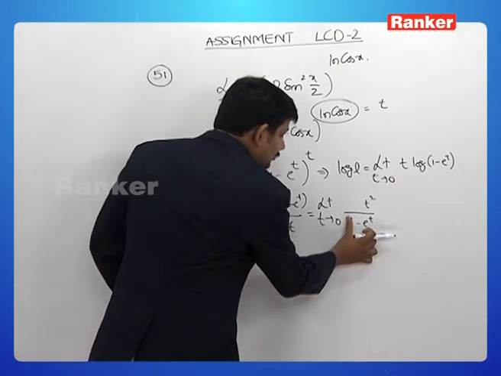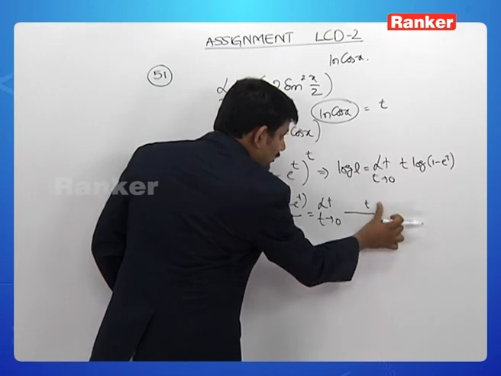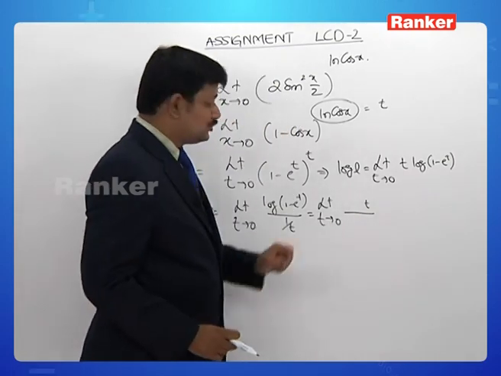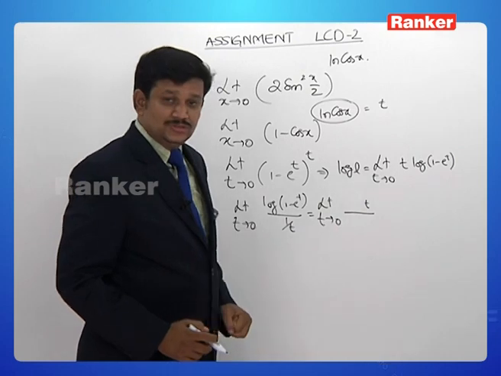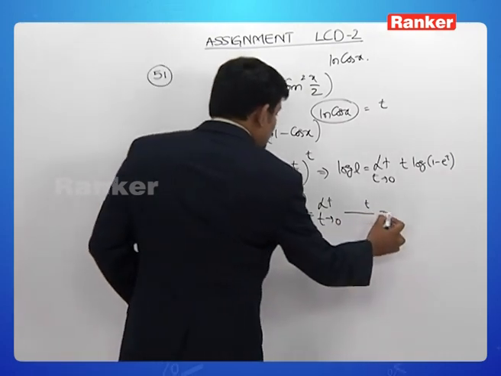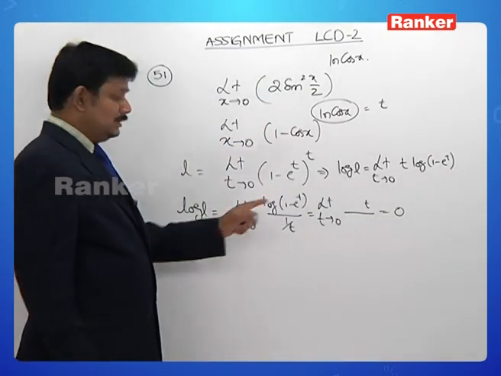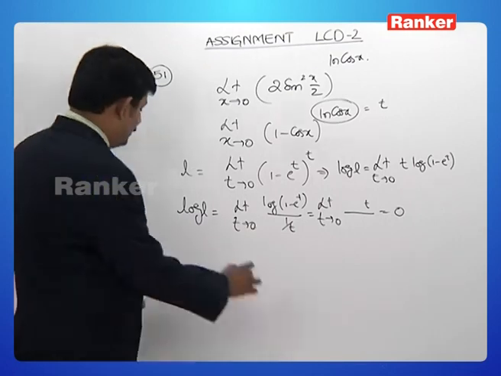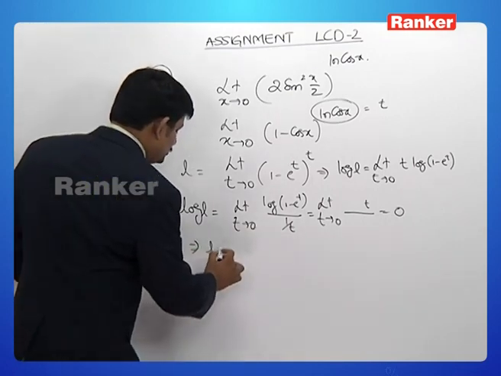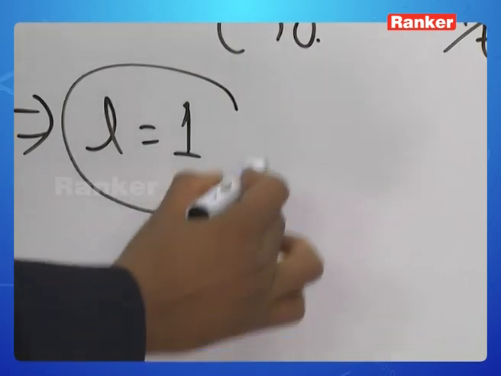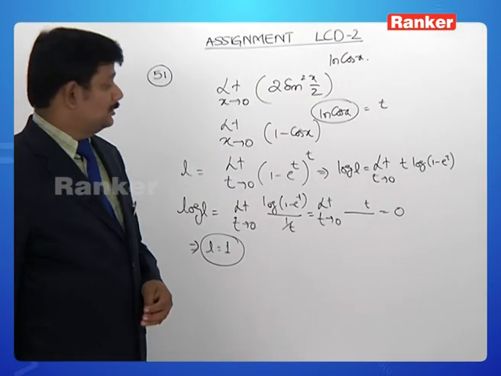So, this quantity is 1. Now, as t tends to 0, this expression tends to 0, log L is equal to 0. From here, we can conclude L is equal to 1.